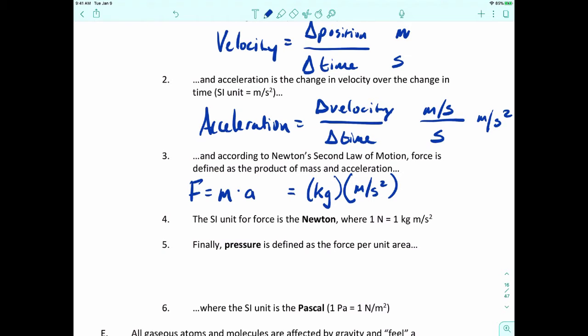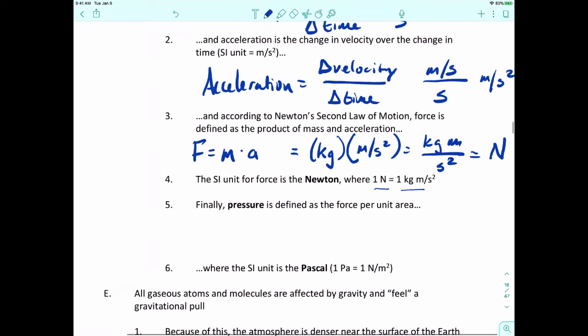If we multiply these together, we get kilogram times meter divided by second squared. Now, 1 kilogram meter per second squared is equal to a Newton. All right, so we've got now our force, the Newton, where 1 Newton is equal to 1 kilogram meter divided by second squared.